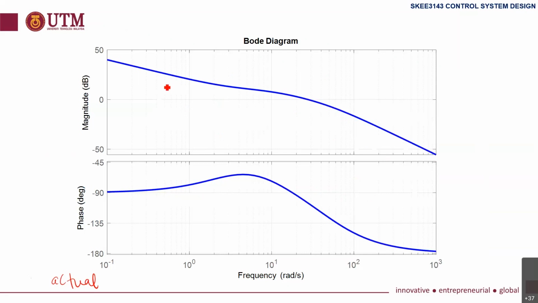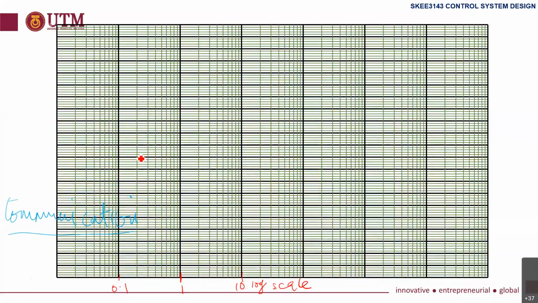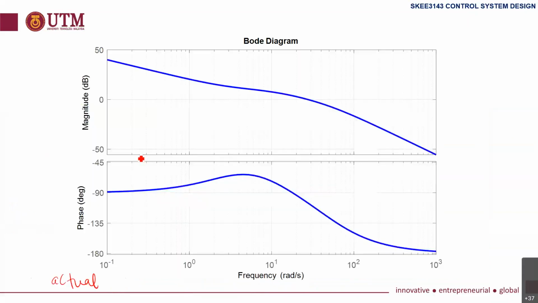Okay, just to show you, later in the exam, you will be given a Bode plot like this, of course with a scale. Normally, we plot on a semi-log scale. Like this, it will be given to you.